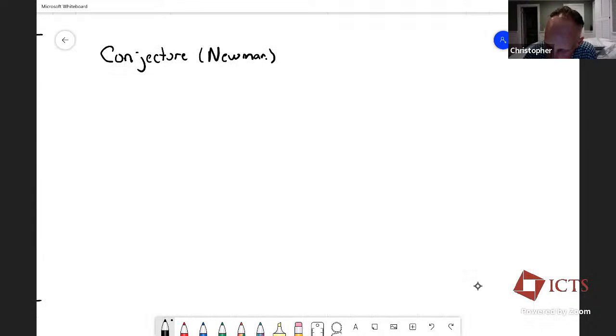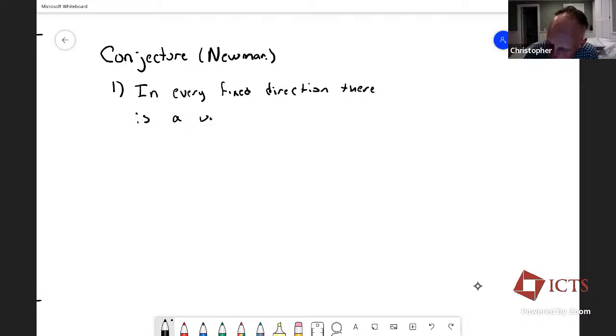It's basically the conclusion of the result I just had from Damron and Hanson, that says in every fixed direction, there is a unique geodesic, almost surely.